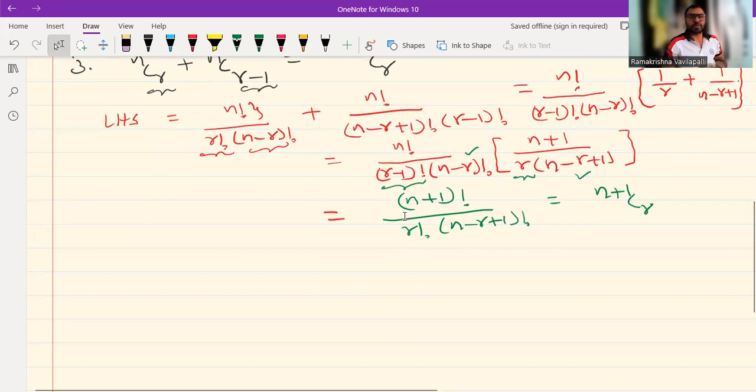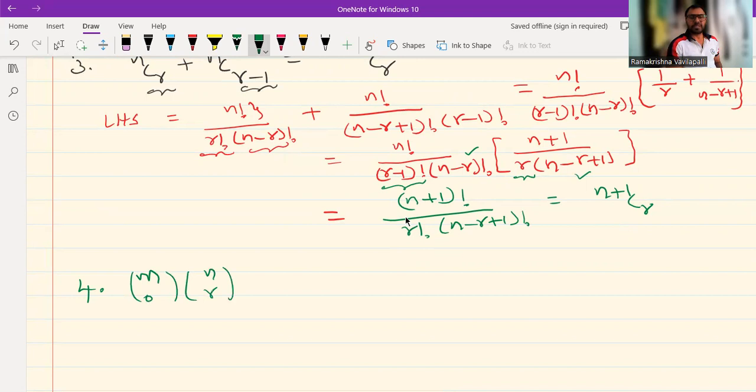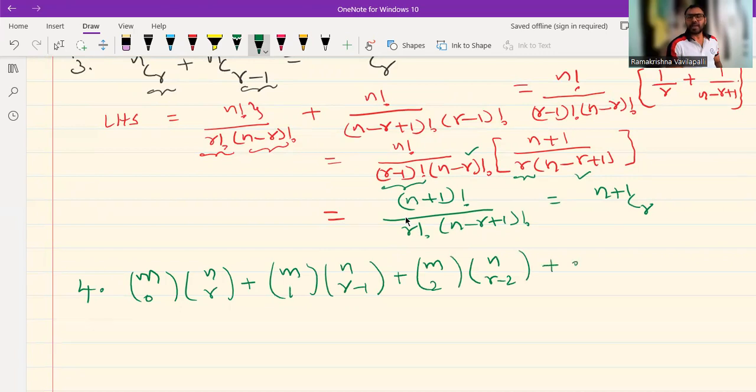That is also very, very important. mC0 into nCr plus mC1 into nCr minus 1 plus mC2 into nCr minus 2, plus and so on. At last, mCr into nC0.